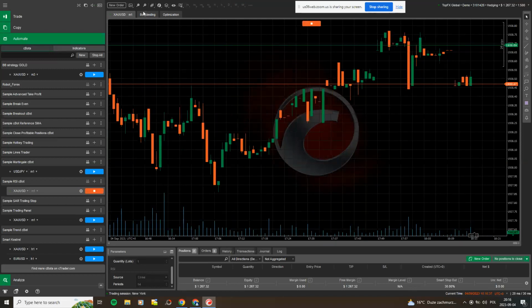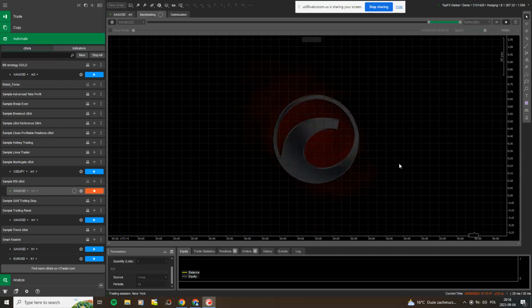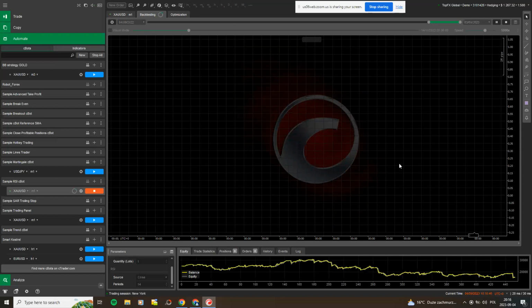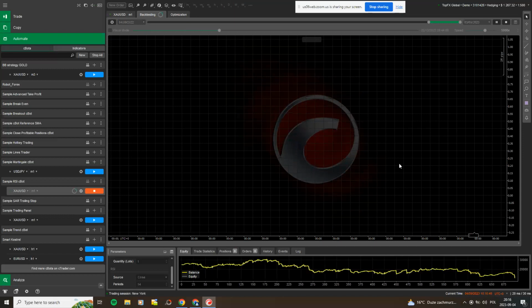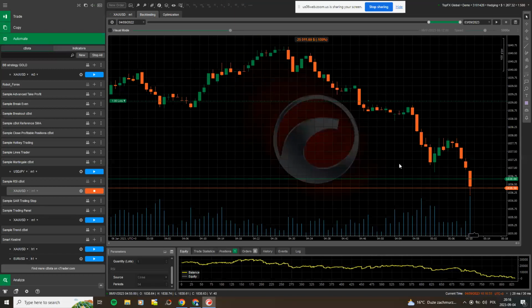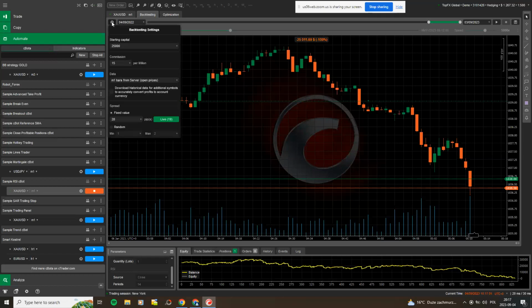Let's see what happens within the same period of time. Will our drawdown be 10 times bigger? Yes, minus 100%. So this strategy with these settings doesn't actually work very well.